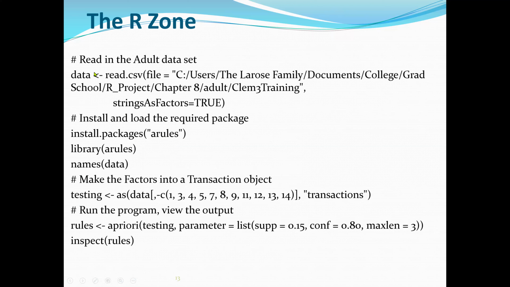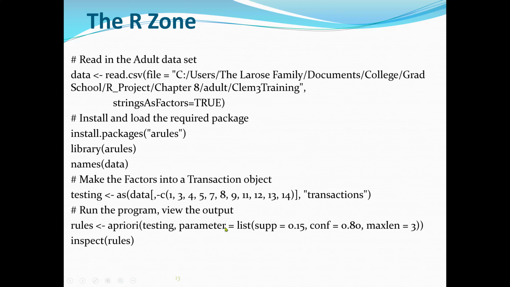Then next, remember we have our data variable where the file is. So we use names of data. Then we make the factors into a transaction object, so we have a variable named testing as data, and we create our factors here. The next step is to run the program to view the output. We are using the apriori algorithm.